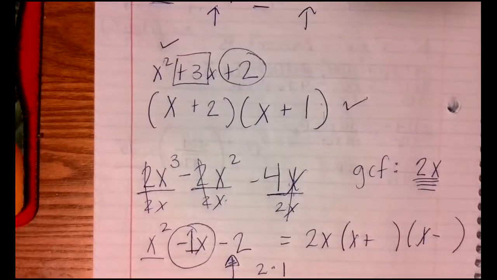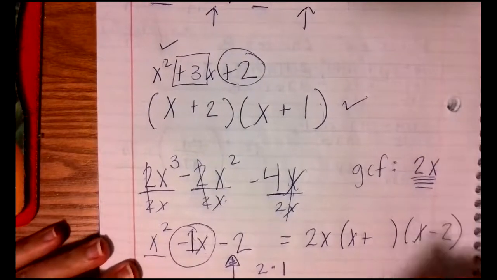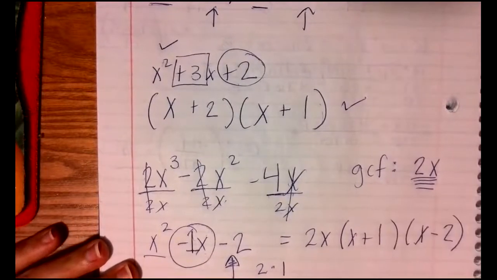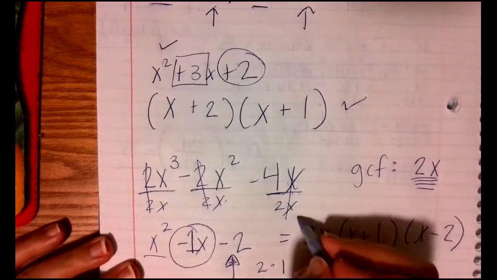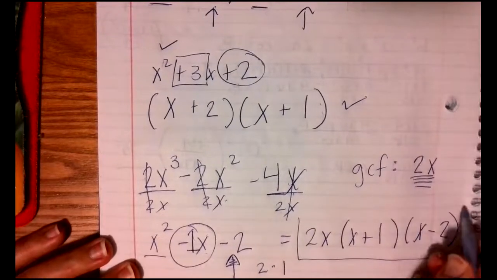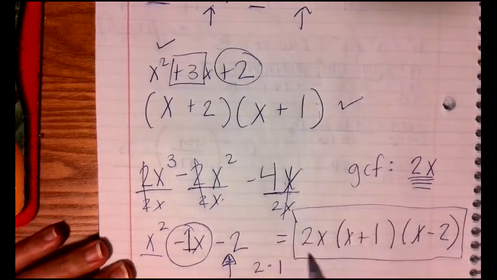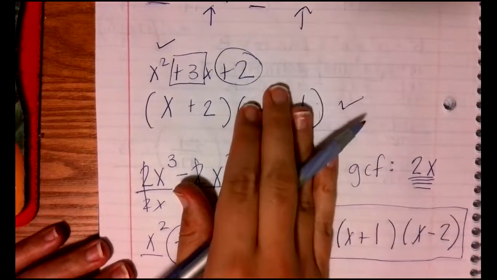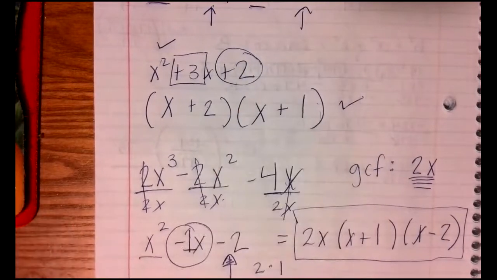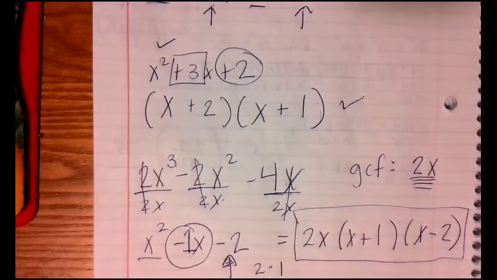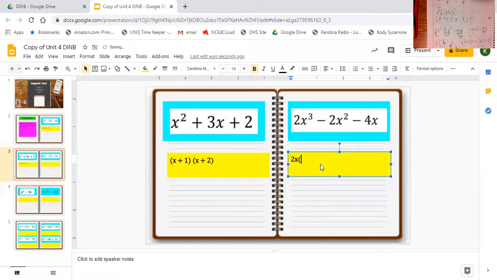So I need these to add to a negative 1, which means the 2 is negative and the 1 is positive. So this is your final answer, and you need to make sure the GCF is there too, that you didn't leave it off after you divided by it. So 2x, x plus 1, and x minus 2. They all need to be there.